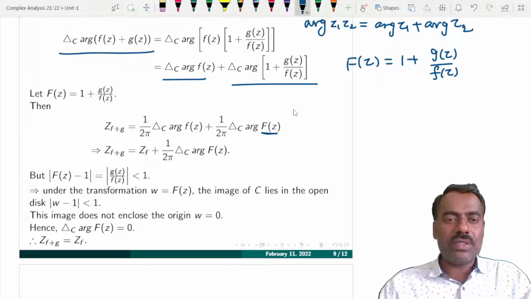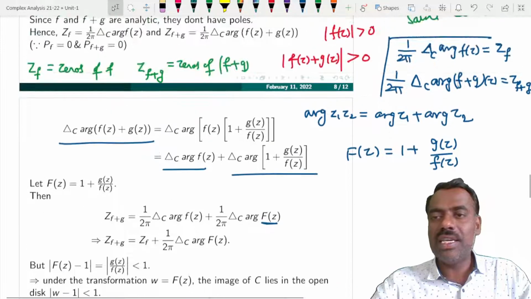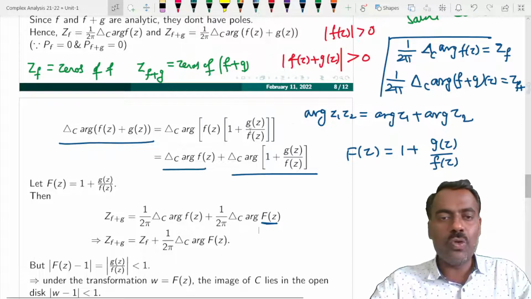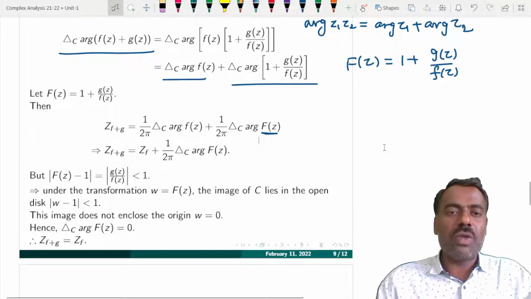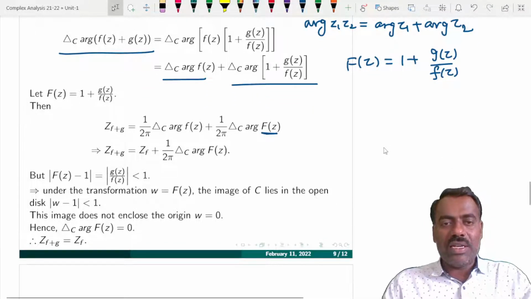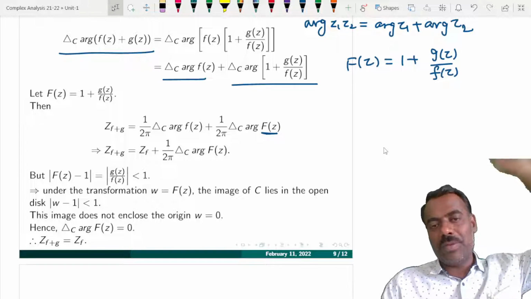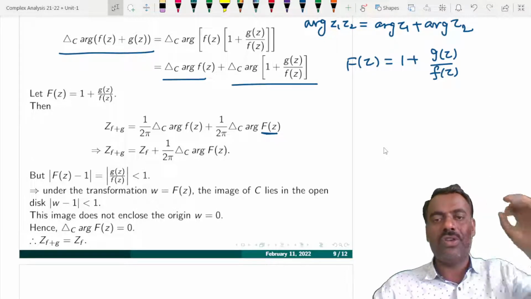So this is zeros of f plus g. Simply divide 1 by 2 pi to both of these. So 1 by 2 pi times the winding delta c of argument of f of z plus 1 by 2 pi times delta c of argument of capital F of z.